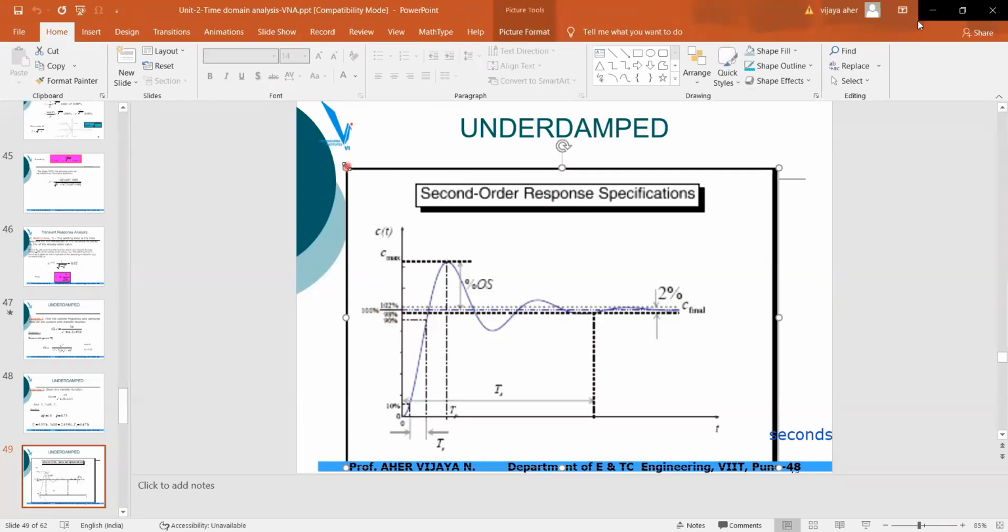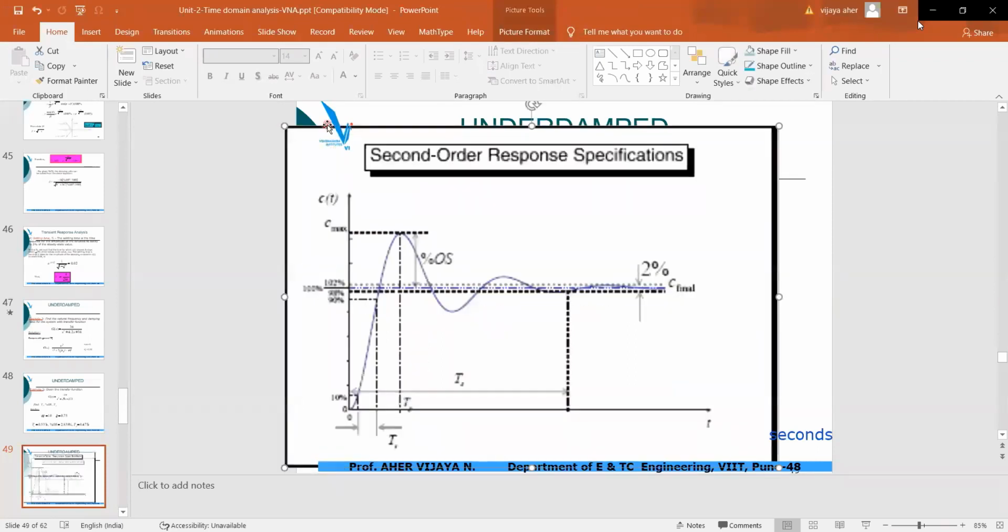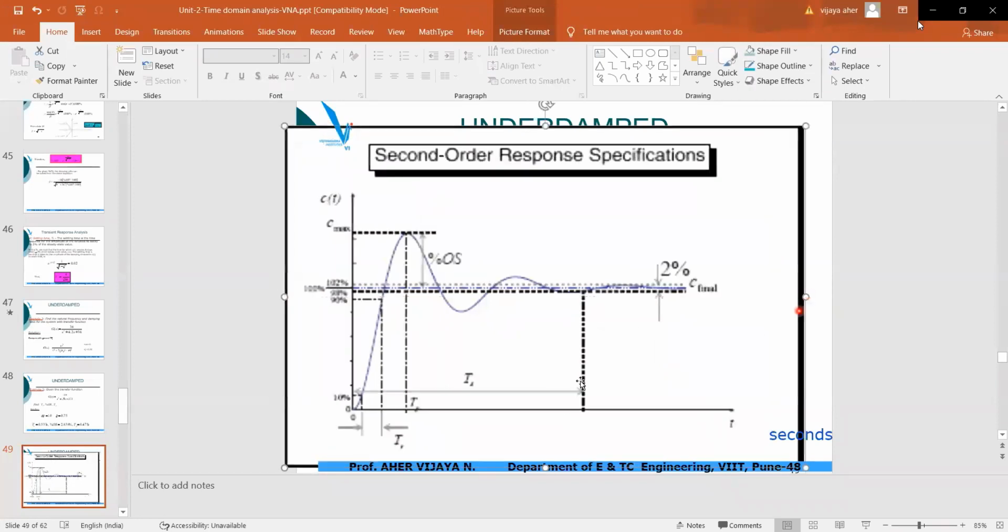Let me enlarge it a bit. Is it visible clearly? Yes, ma'am. Below that one line I have drawn dotted line, that is nothing but for 98%, and above 100% one more dotted line is there, that is for 102%.